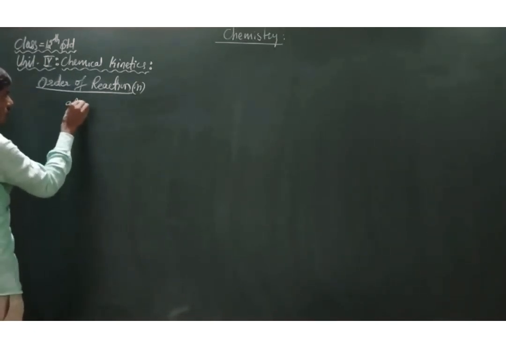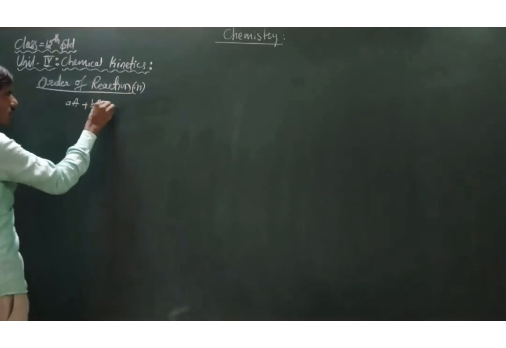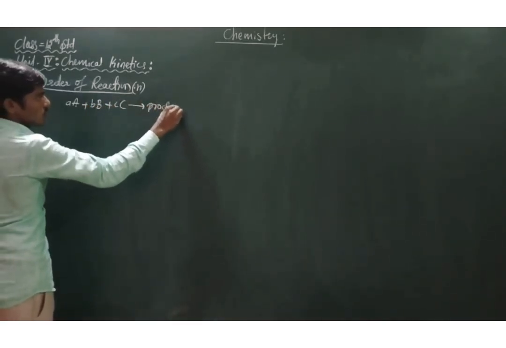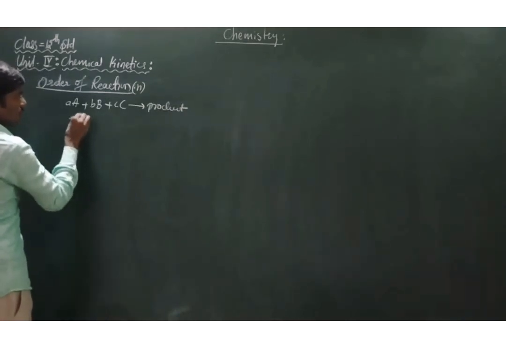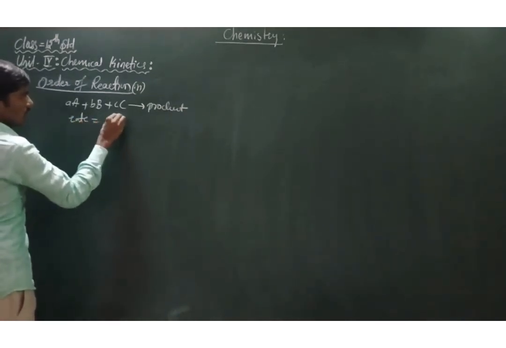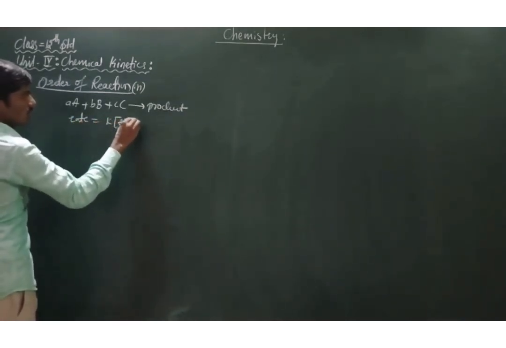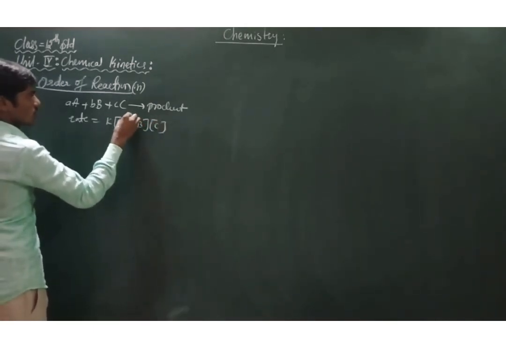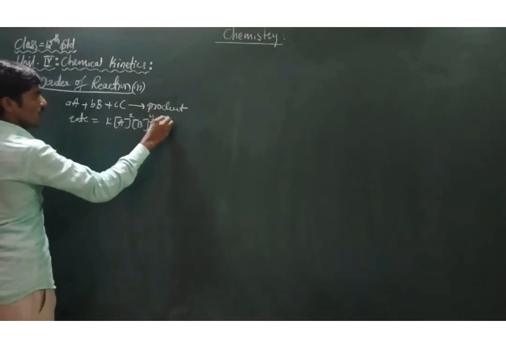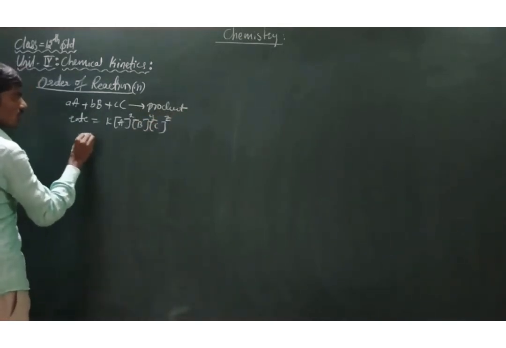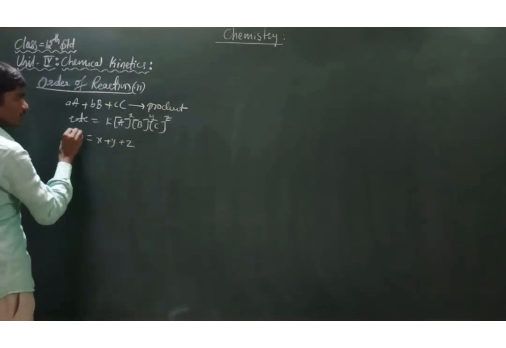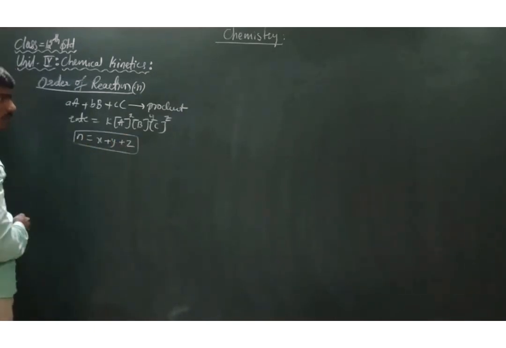So for this hypothetical reaction, a moles of A plus b moles of B plus c moles of C gives rise to product. So for this, rate equation is given by K into concentration of A into concentration of B into concentration of C to the power x, y and z, where the order of reaction is given by x plus y plus z.